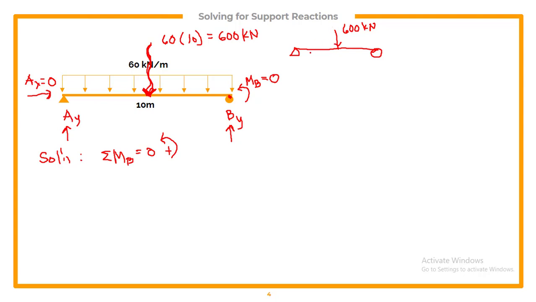Tapos, ang distance na always is, ang half nimo sa imong span. So, this is 5 and this is 5. Pag i-transform nyo siya into point load, ang iyang distance from katong supports is always half. Okay, so if that is the case, we have 600.